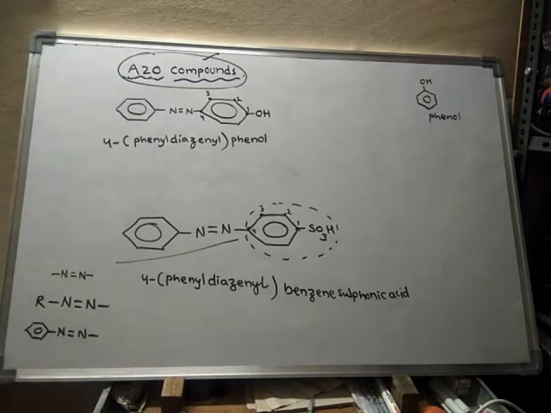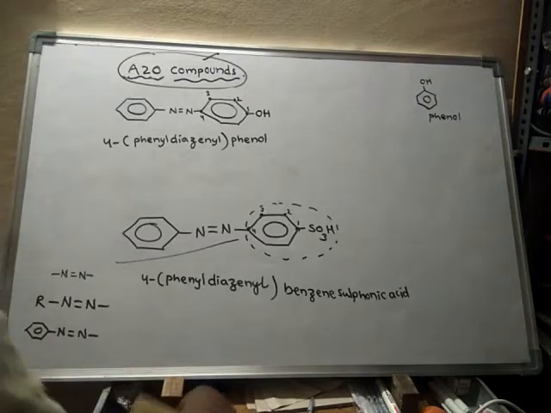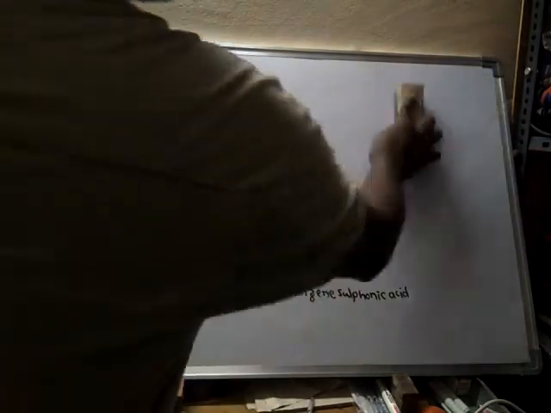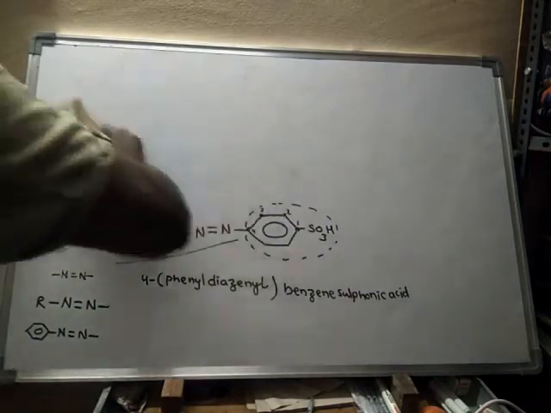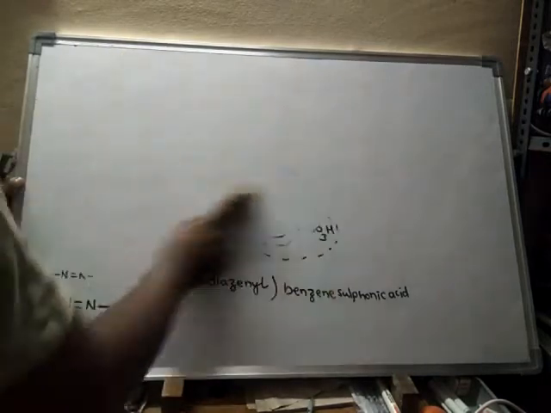Okay, right. Now we will learn about bicyclic compounds. Today we have seen heterocyclic compounds, azo compounds. Now we will learn bicyclic compounds.